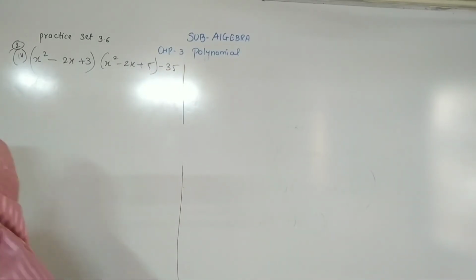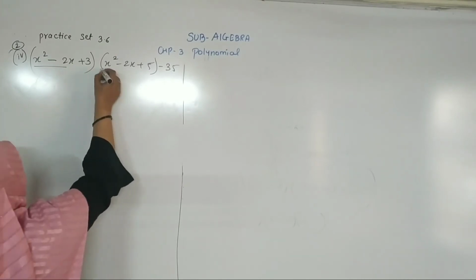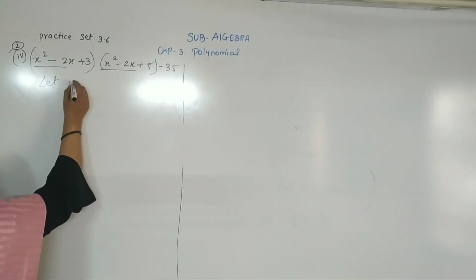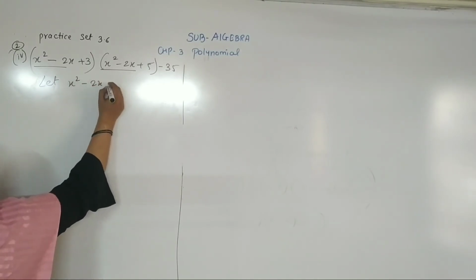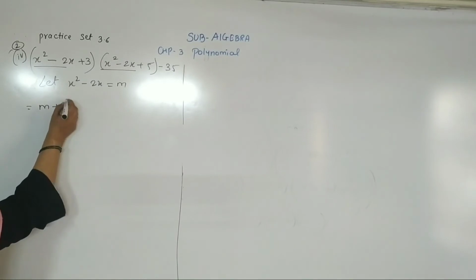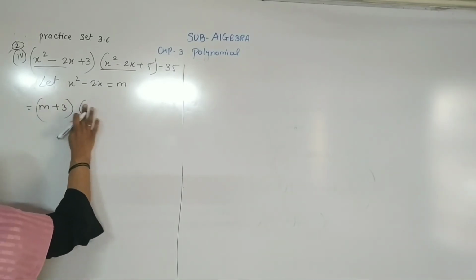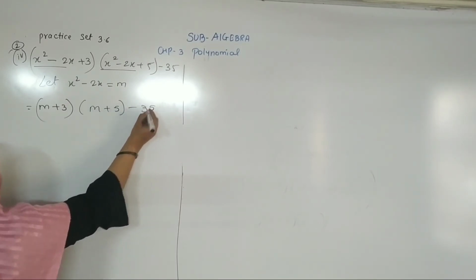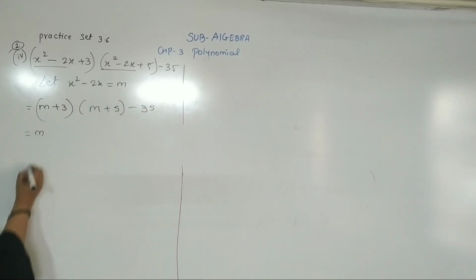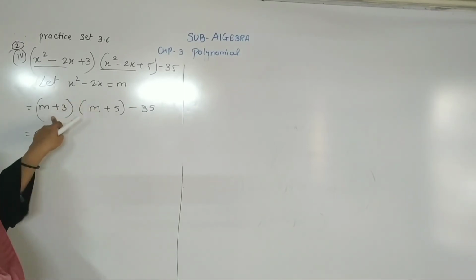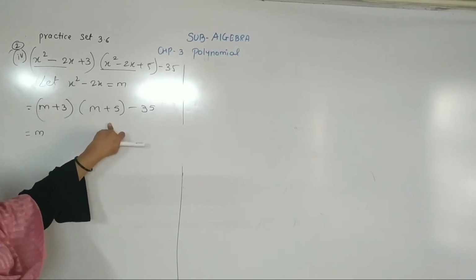So student, I will take the common part now, because I have x square minus 2x in both. Let x square minus 2x equal m. So m plus 3, m plus 5 minus 35. Again I have to solve the bracket. m will multiply with m plus 5, and m plus 3 will multiply with m plus 5.